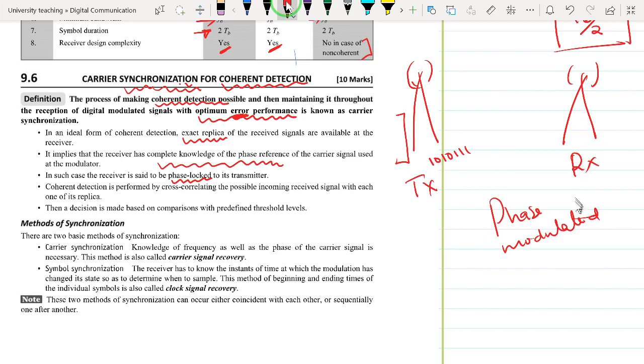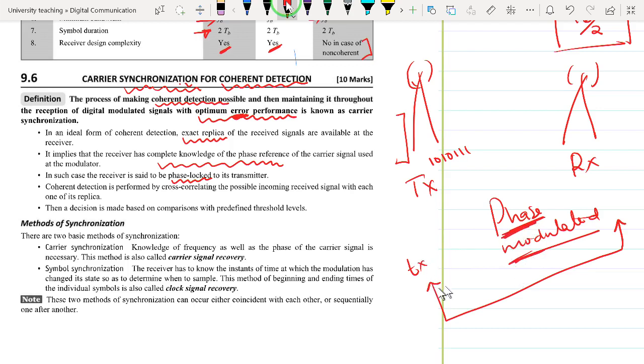At the receiver, we want to know what the phase of the carrier was at the transmitter. When we are able to estimate that phase, we can know what message was sent that changed the phase of the carrier signal.